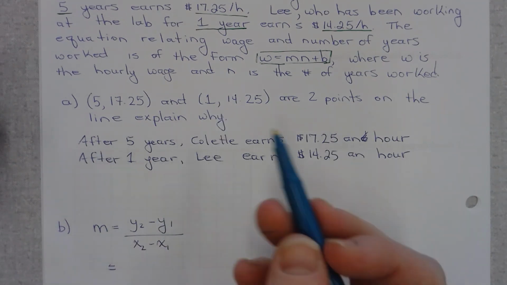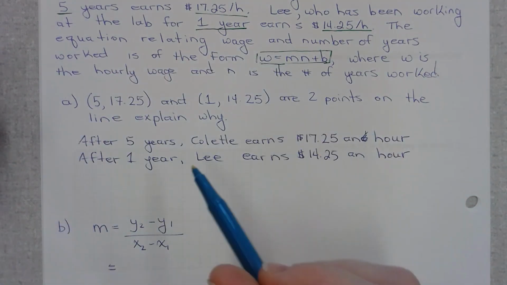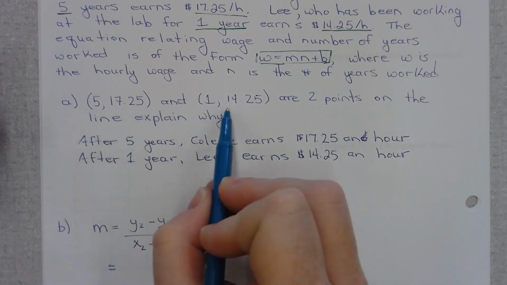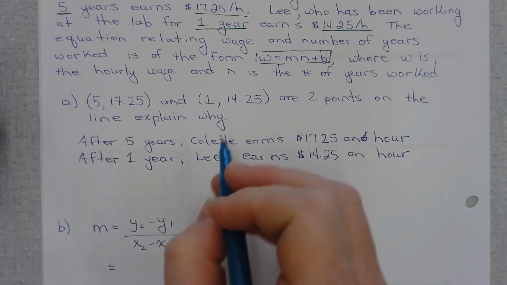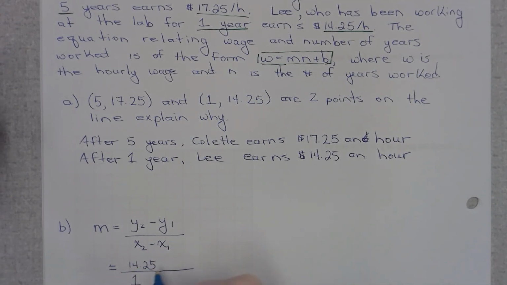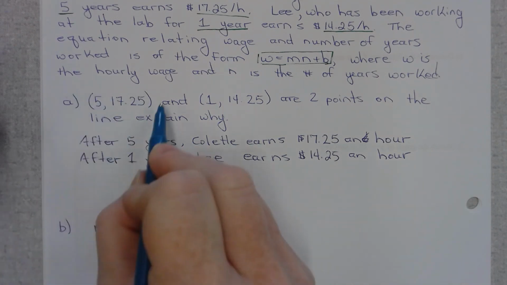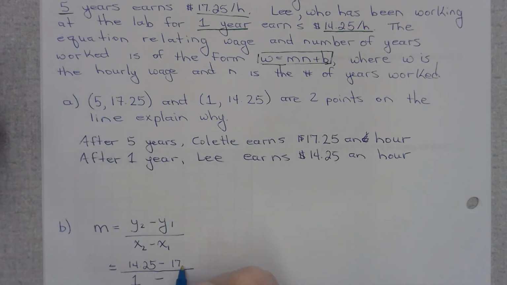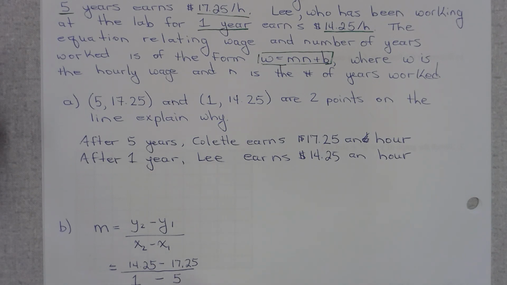If I make this the first set of coordinates and this the second set of coordinates, it doesn't really matter, then I can do 14.25 over 1, and then if this is the first set of coordinates, it's going to be 17.25 and 5. When I do 14.25 minus 17.25, I'm going to get -3.